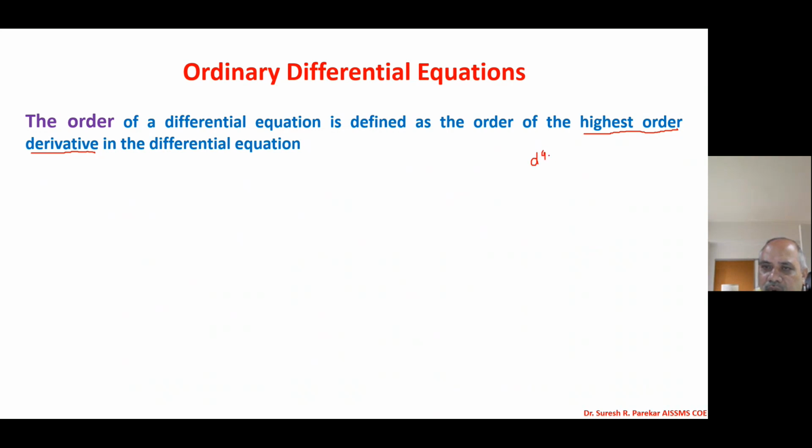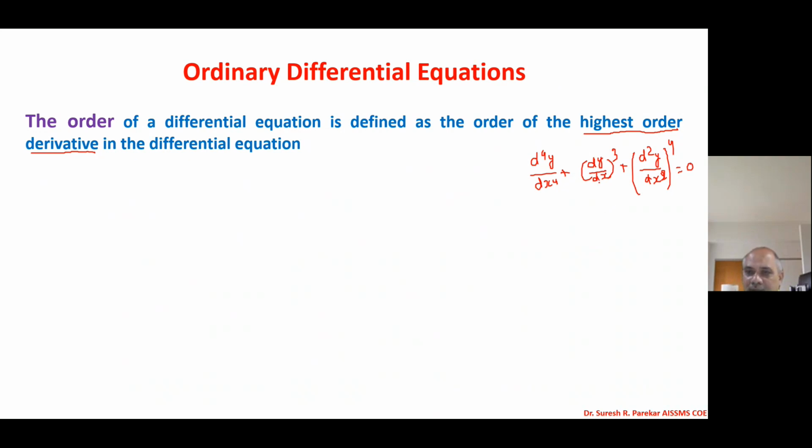Suppose I write d4y by dx4 plus (dy by dx) cube plus (d2y by dx square) to the power 4 is equal to 0. So we look for the highest order of derivative.